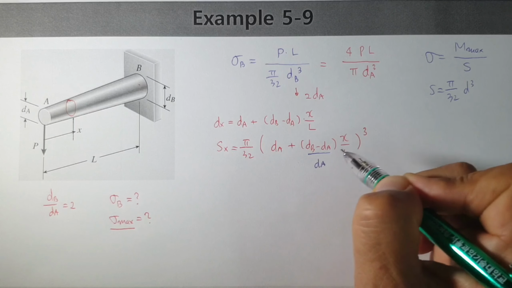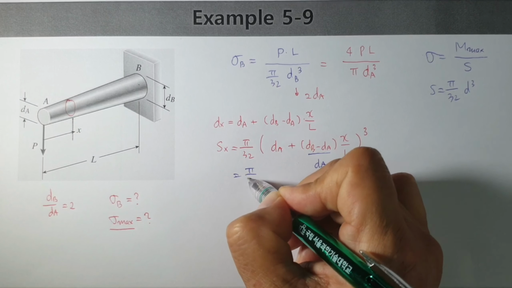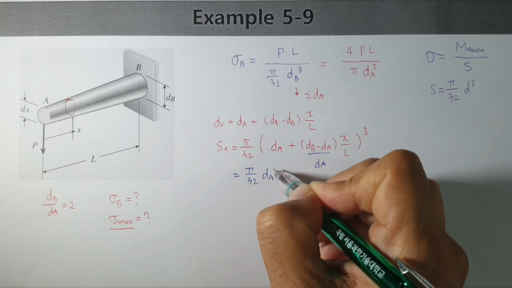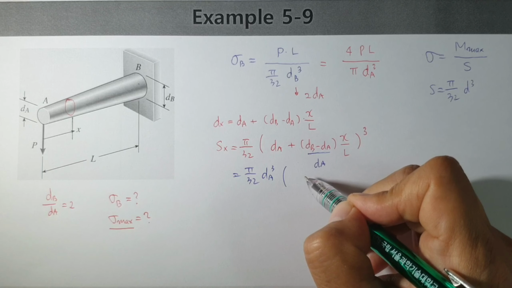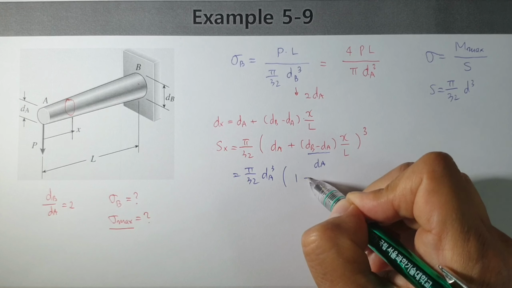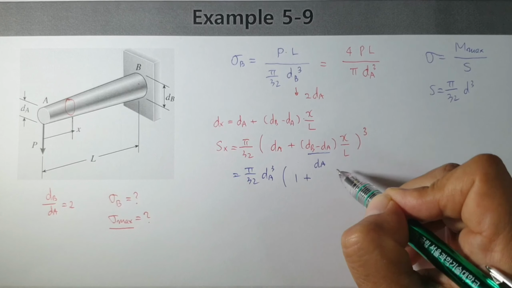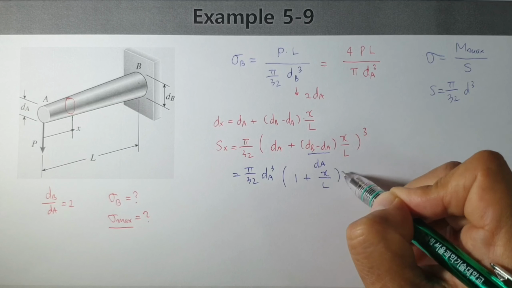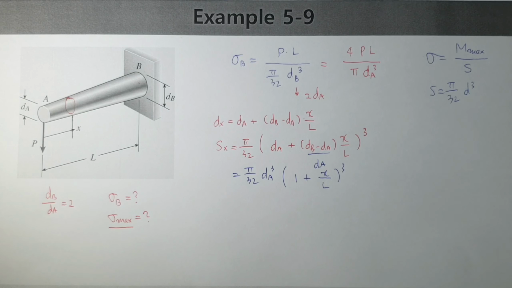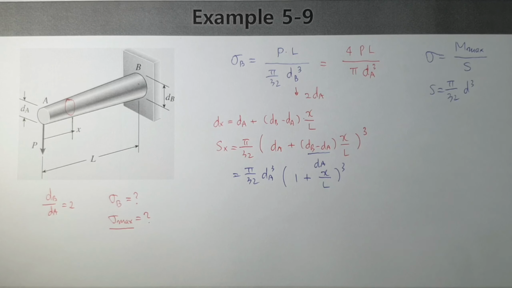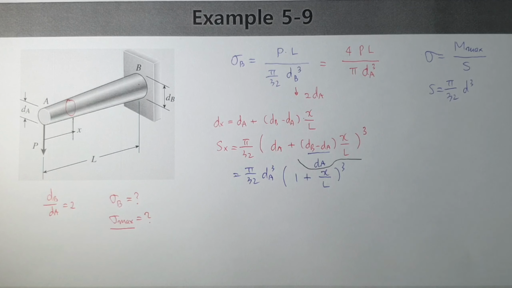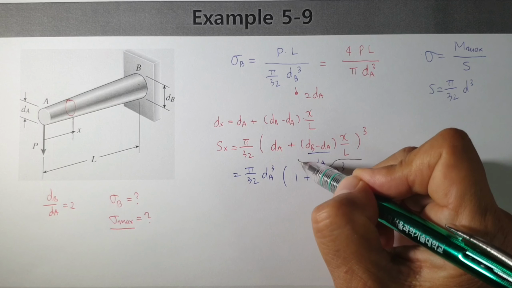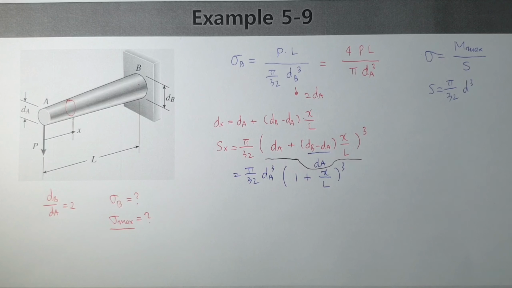When you rearrange this one, π over 32 dA³ times (1 plus x over L) cubed.